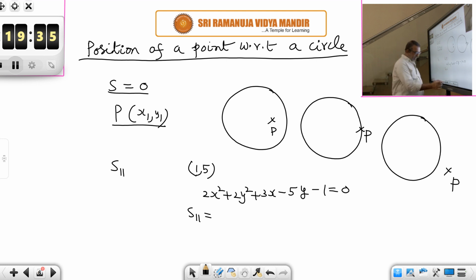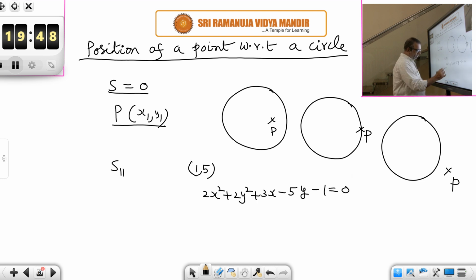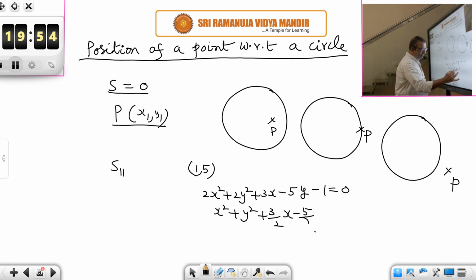First you have to make the equation of the circle standard form, that is divide by 2. So x square plus y square plus 3 by 2 into x minus 5 by 2 into y minus 1 by 2 is equal to 0. So in this you substitute 1 comma 5.